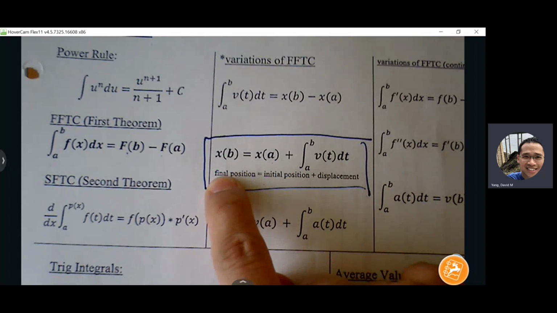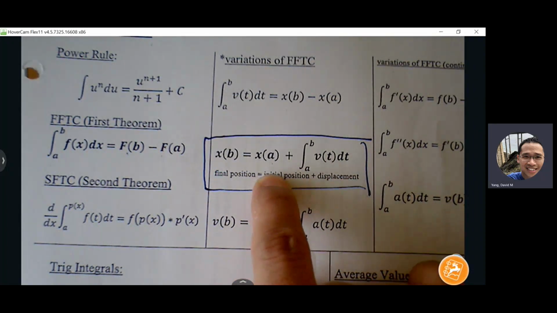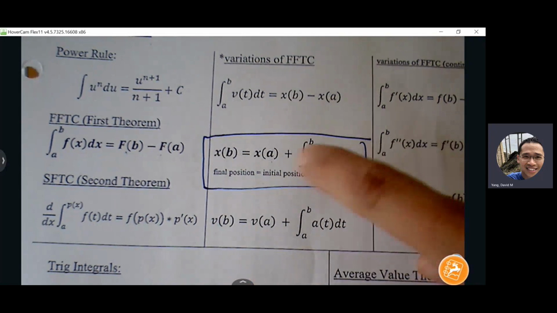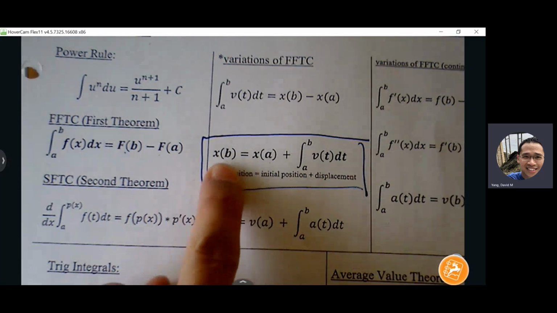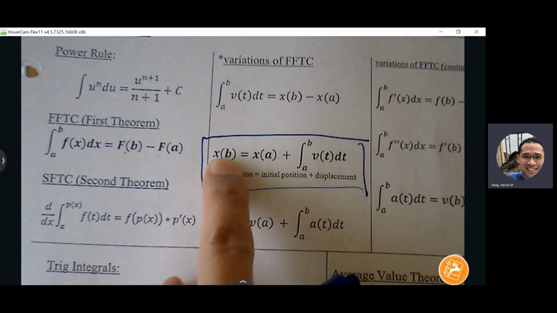One rearrangement that is very useful for us is the idea that if I'm looking for any final position, I can always think of it as, whatever the given position is, I'm going to take that and add it to my displacement. So wherever I start off and however much movement I make in that interval is going to take me to my destination at a point in time.